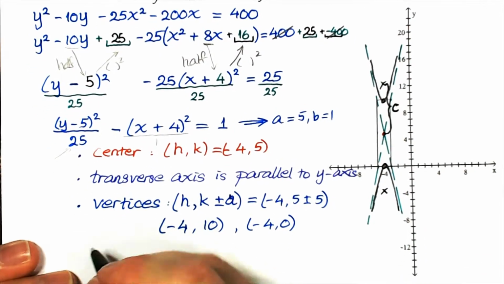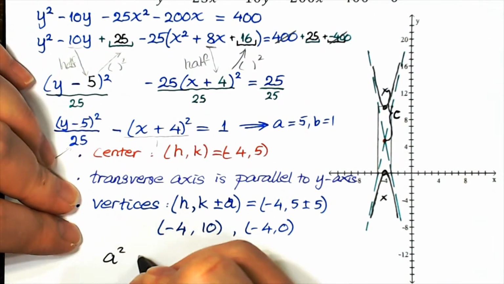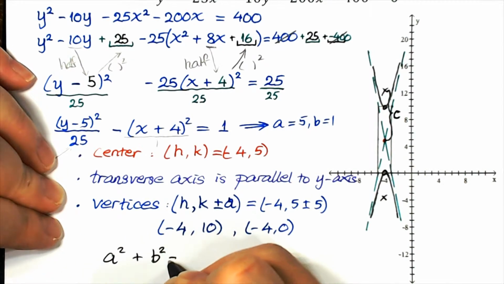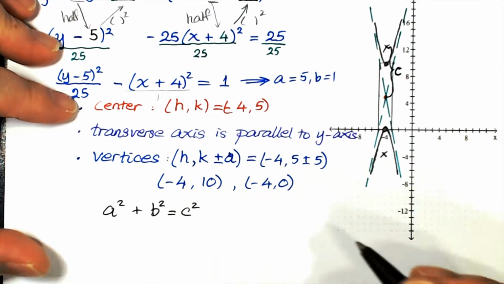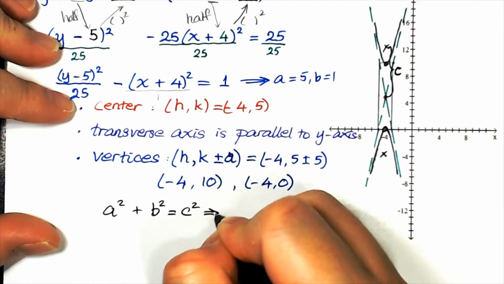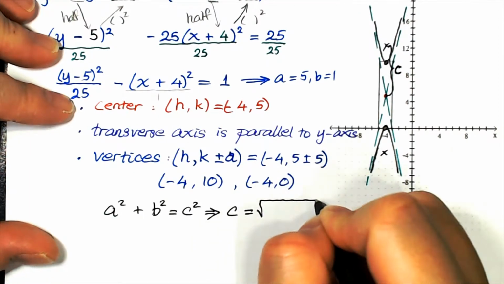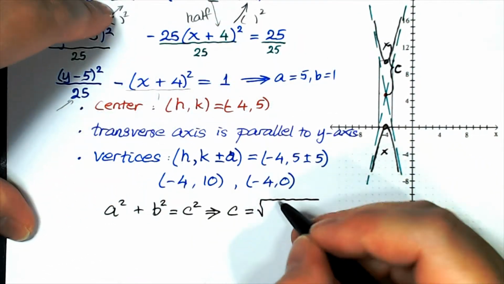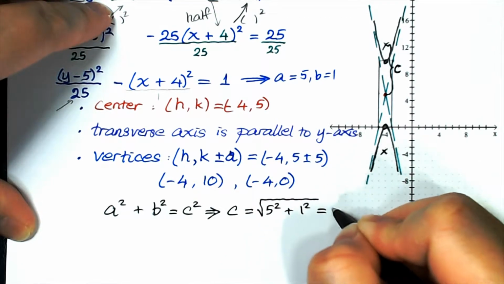So we can use the Pythagorean theorem here. We say a squared plus b squared equals c squared. So c is equal to the square root of a squared plus b squared. a is 5 and b is 1, so 5 squared plus 1 squared, so the square root of 26.